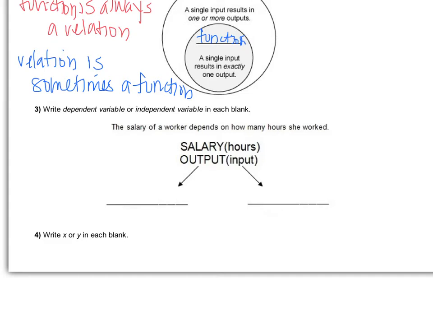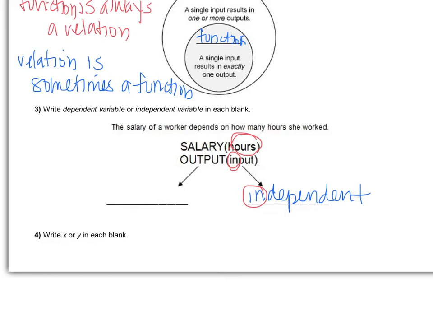Sometimes you're going to hear, instead of input and output, independent and dependent, but those are very much the same thing as input and output. The input is the same thing as the independent. Easiest way I can remember that is it's my input, my independent, and it's in the parentheses here. It's what you're putting in.